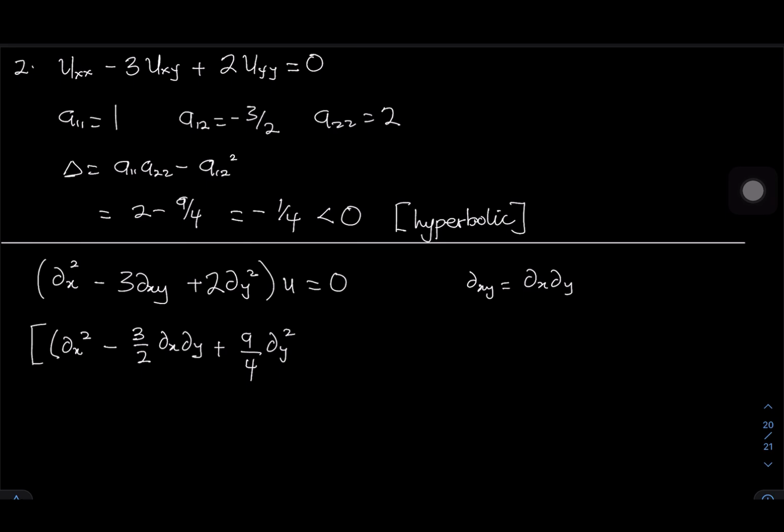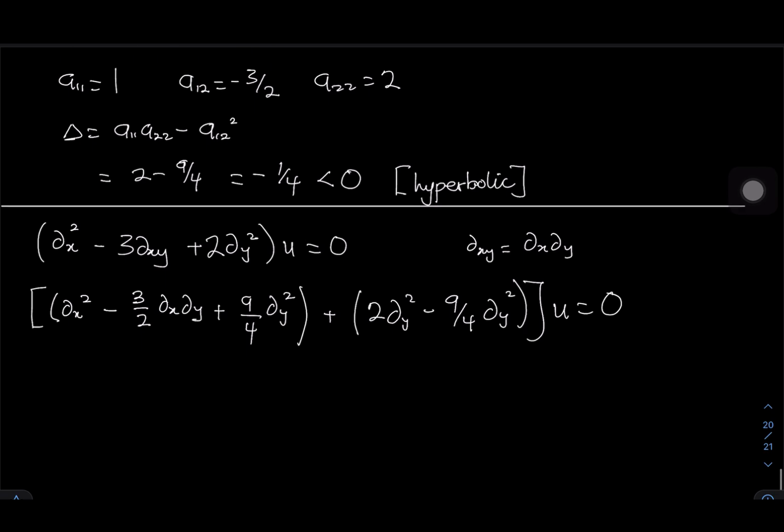Note, it is the coefficient of del x here. Put that in brackets. Then since we are adding this to the expression, we have to subtract it from the same expression, so we have plus 2 del y squared minus 9 over 4 del y squared, all acting on u equals 0.